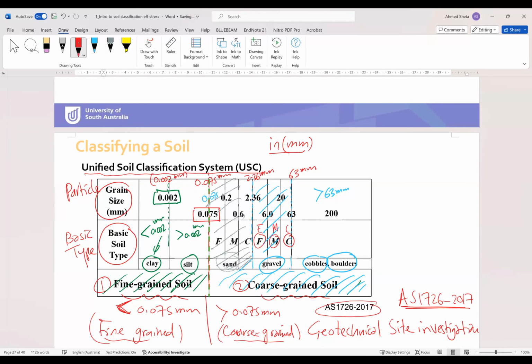For sand and gravel, there is a sub-classification, also using the size. For example, fine gravel between 2.36 and up to 6, medium gravel from 6 to 20, coarse gravel from 20 to 63. So using this chart, you can classify the soil.